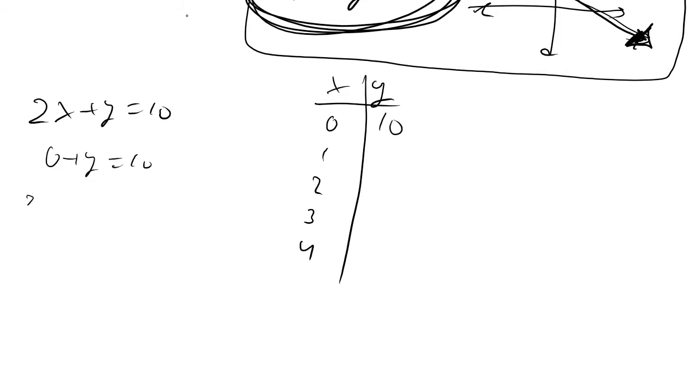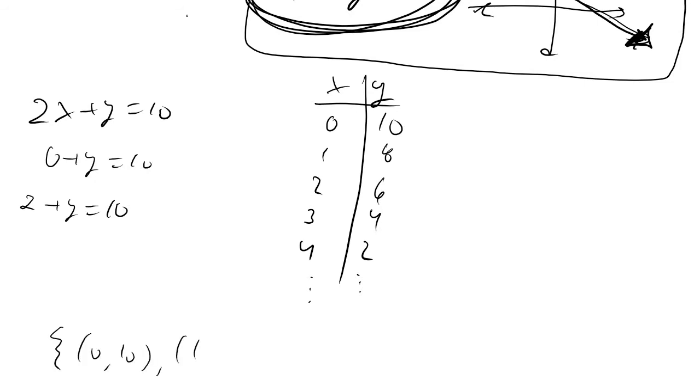When x is 1, it's 2 times 1 plus y equals 10, that's 8, and this is going to go 6, 4, 2. Now, this is a way of listing out the solution set. In lesson 1, we wrote it out like this, horizontally with ordered pairs. This is implying the ordered pairs.